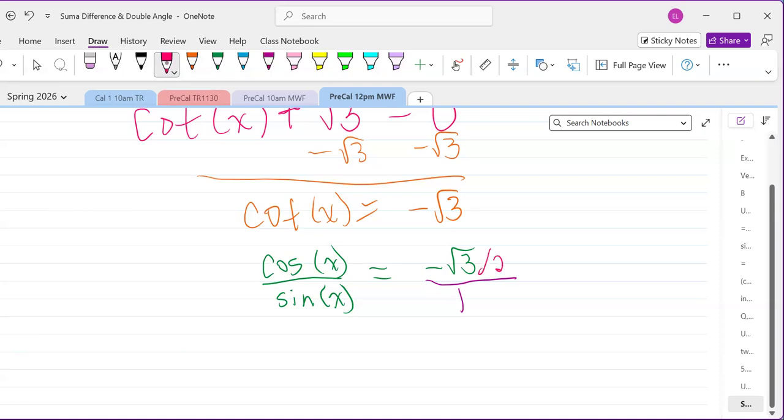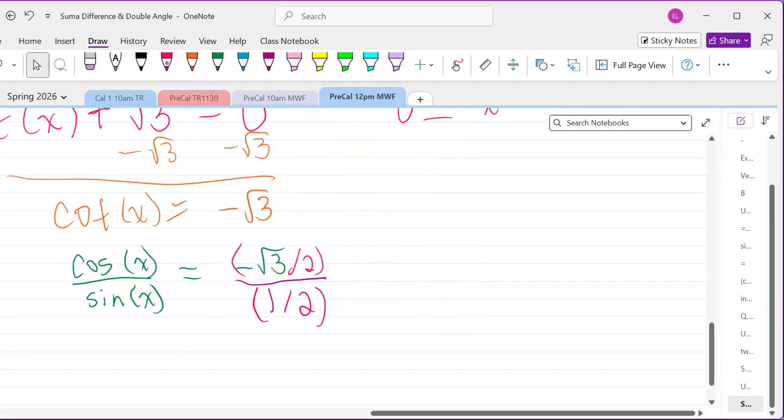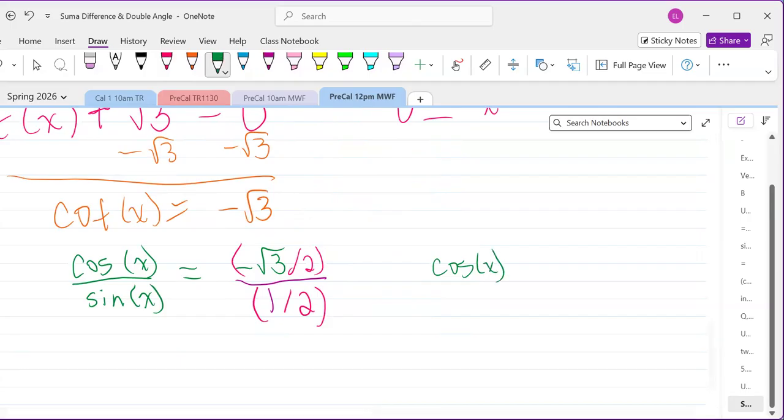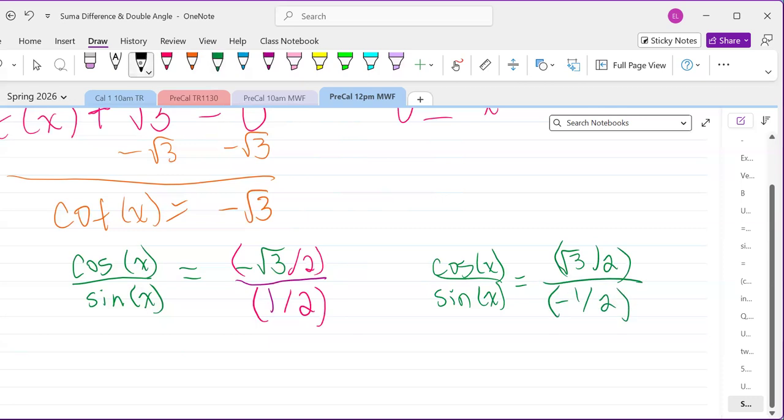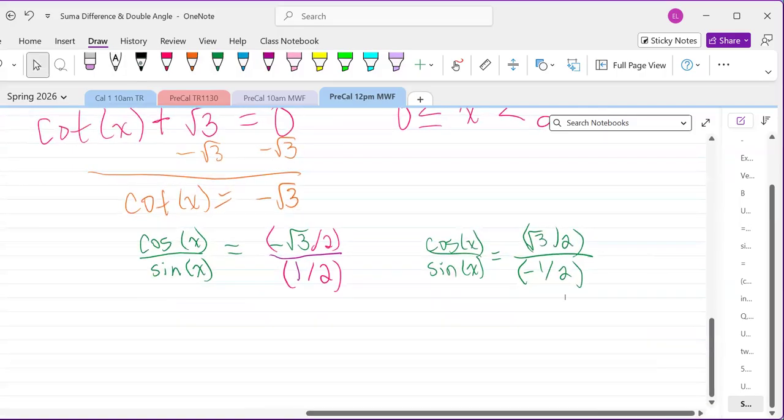I'm just making it look a little bit different. So this is one setup I can have. The other setup is going to look almost identical, except I'm going to move the negative to the bottom. Now this is something I can take to the unit circle.